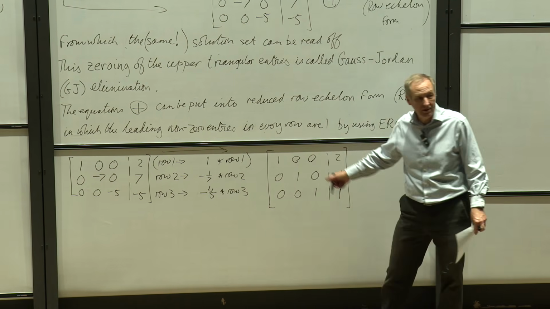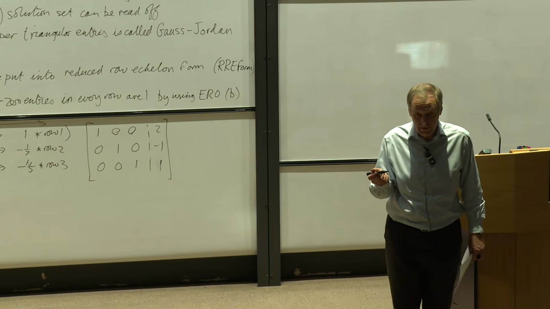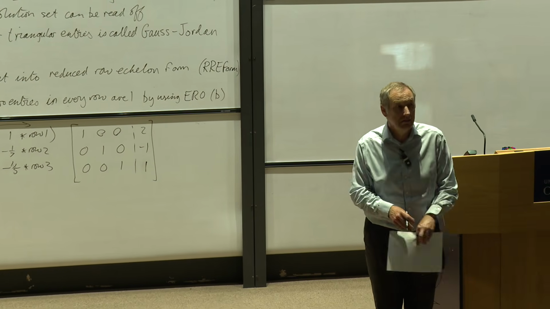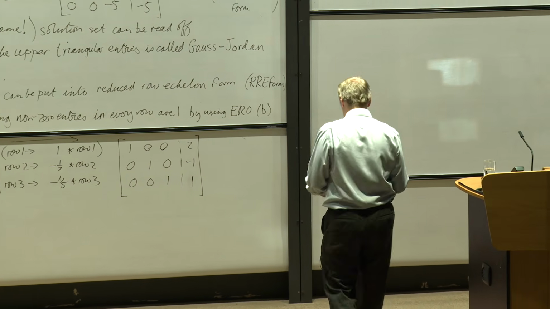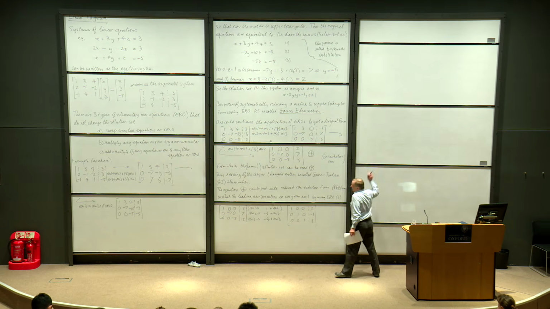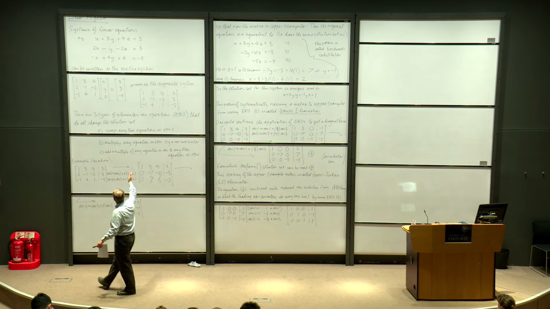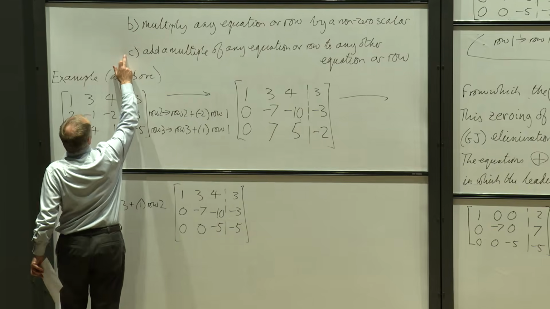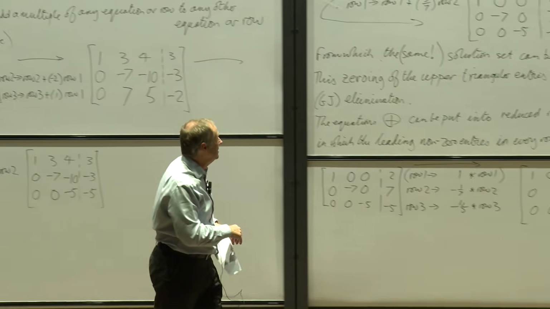This is the one I'm going to talk about a little bit later, and this is the form that is used quite a lot in the problem sheets. So you'll see this. I'm just showing you how you can do this. Now you might say, well, okay, why did I put up 3 EROs? I've only ever used this one, and then finally I've used this one to get myself to reduced row echelon form.